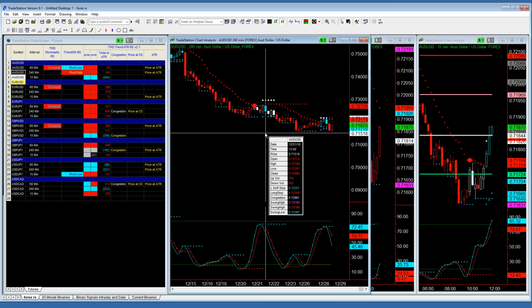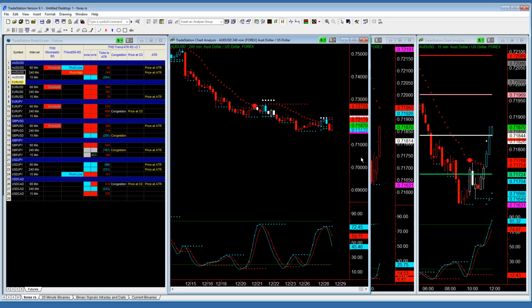That high was 72.71. No, it went higher. But you still had it there. So you went from here to here. You went from here to here. It's not overbought or oversold, but those are still good entries.